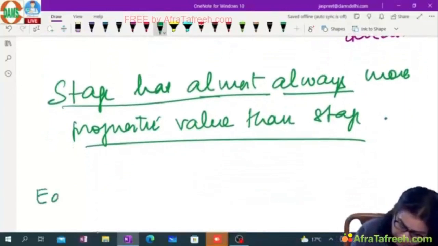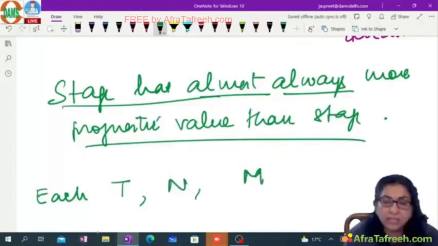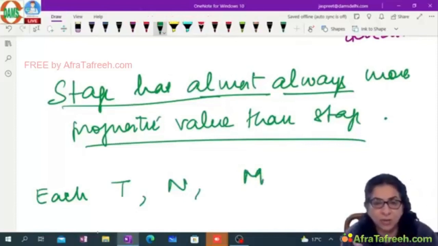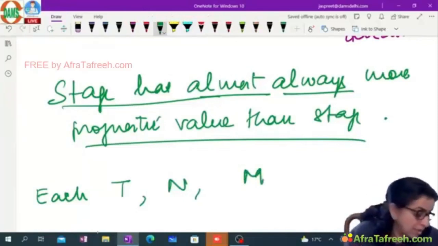In TNM, what is T? T is tumor size and localization or spread. N is nodal involvement.